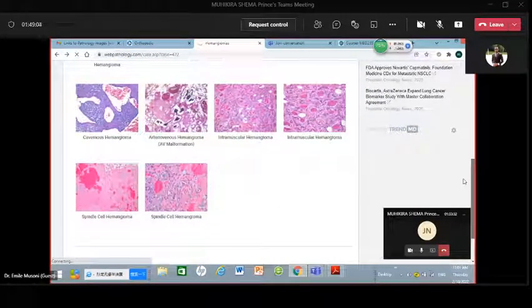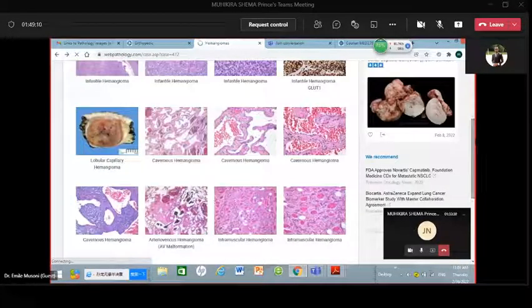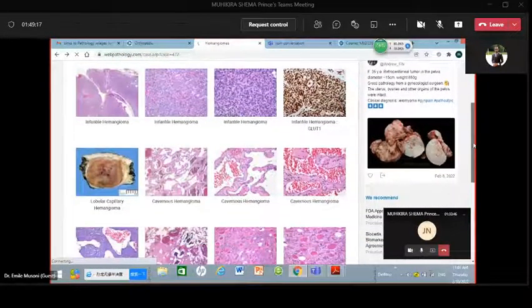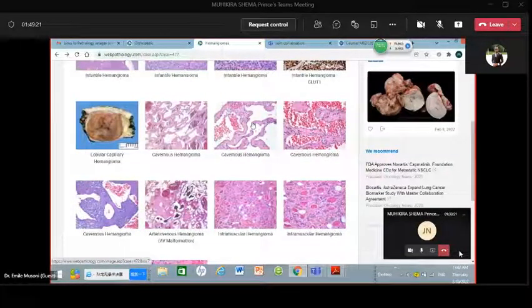For hemangioma, you can have capillary hemangioma and cavernous hemangioma. Cavernous is when they have large blood vessels. Capillary is when they have small blood vessels.